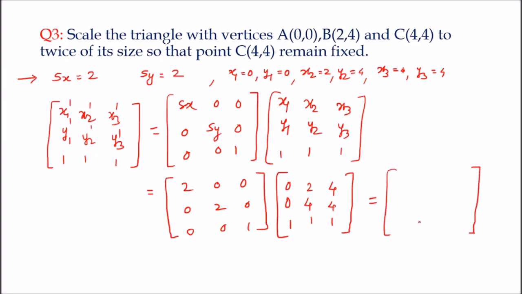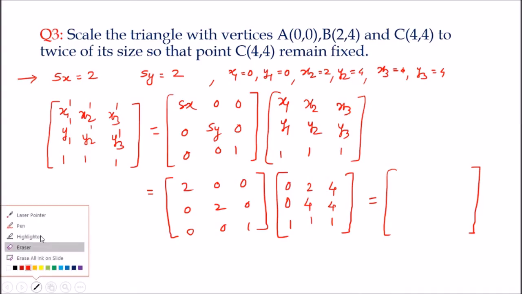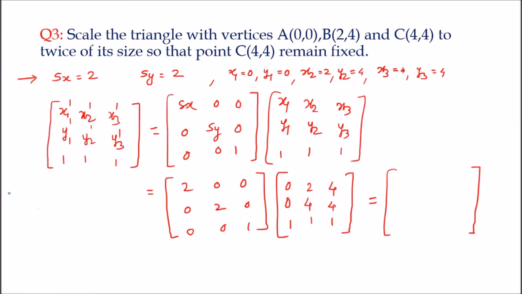Everybody knows matrix multiplication. So in this way you have to multiply. 2 into 0 0 means the first values are 0.